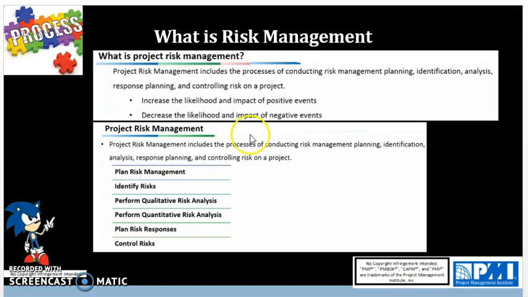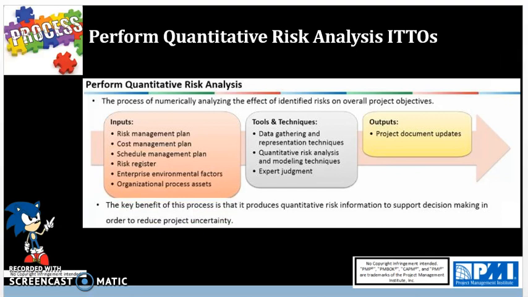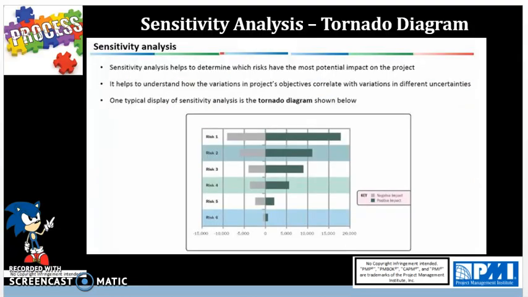Then you have the next tool, which is going to be quantitative risk analysis and modeling techniques. This could come in the form of sensitivity analysis or tornado diagrams, and that is going to be looking at something that looks like this.